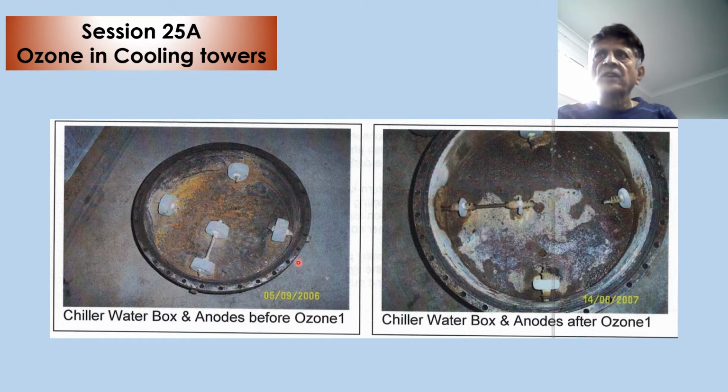This is a picture of the chiller plates, and if you notice there is a sacrificial anode which has been installed here, the end plates, so that they can reduce the amount of corrosion in the system.